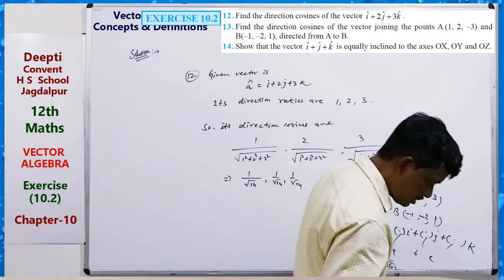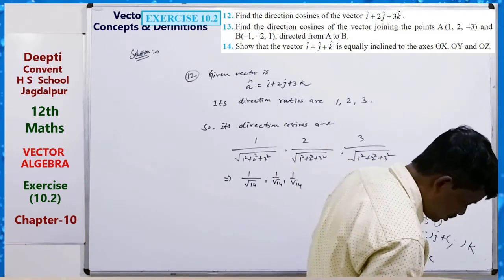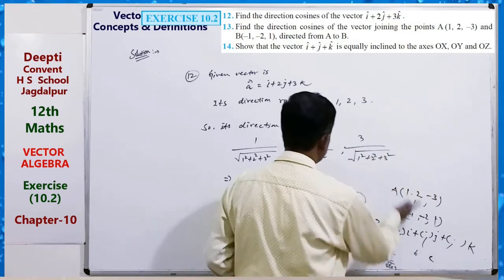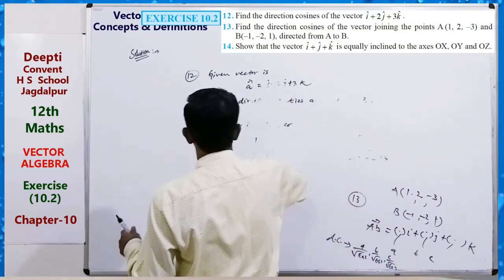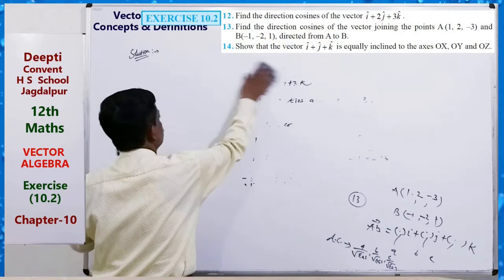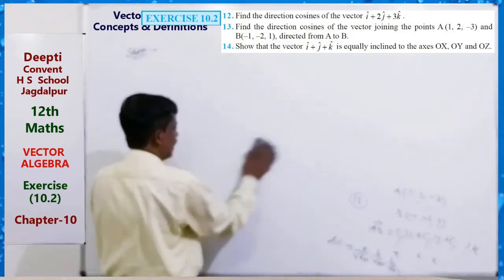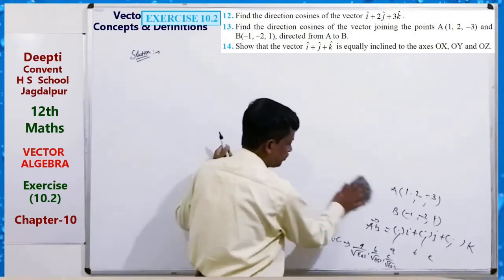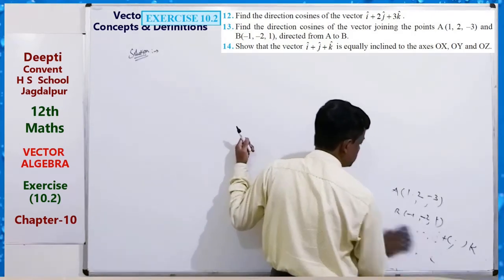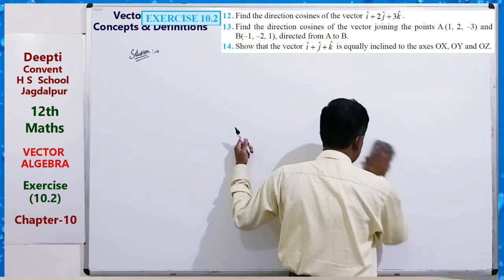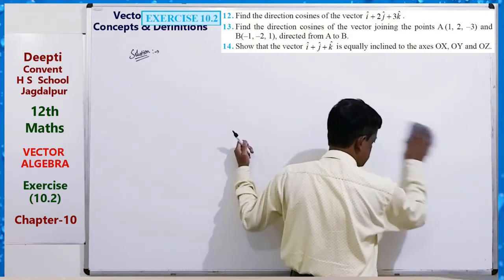Now question 14. Show that the vector is equally inclined to the axes OX, OY, OZ. Equally inclined means you can find the direction cosines of the vector.